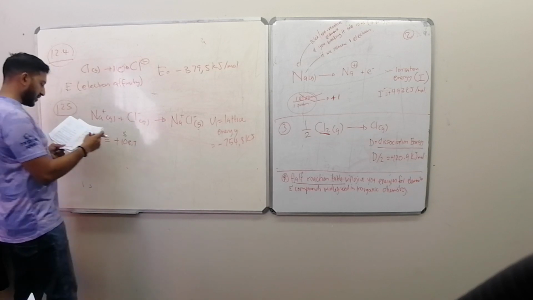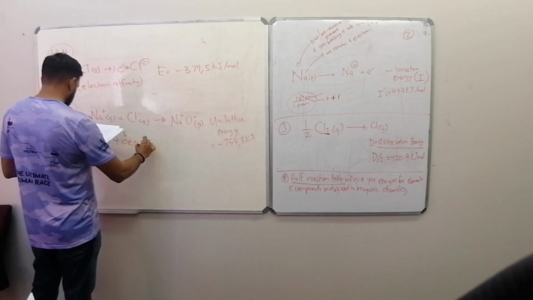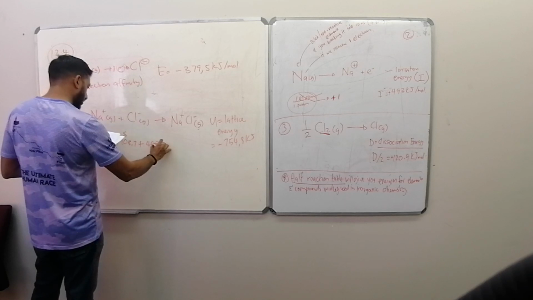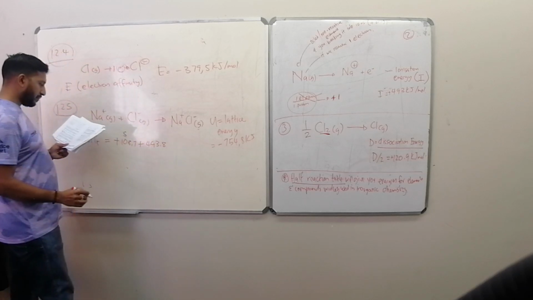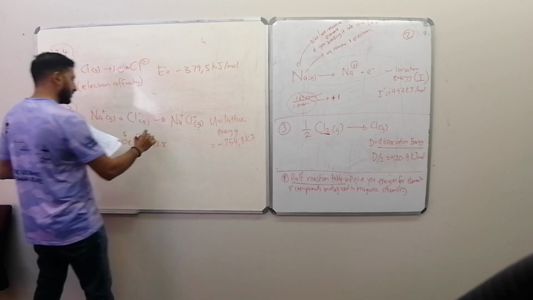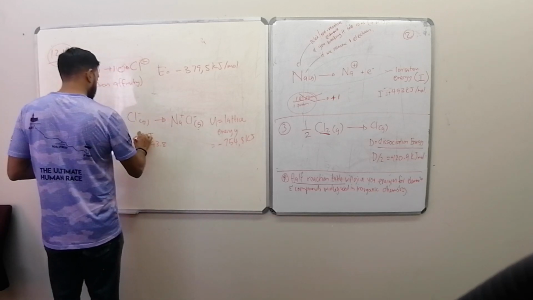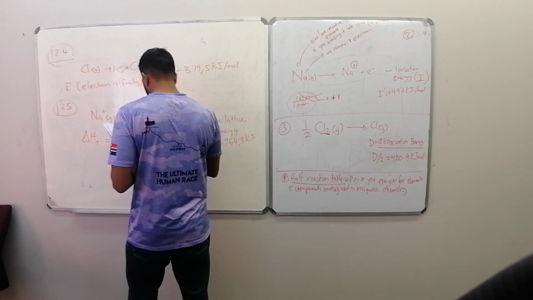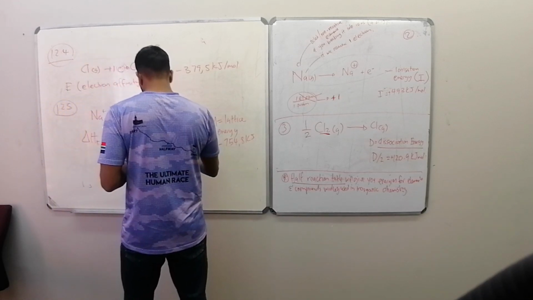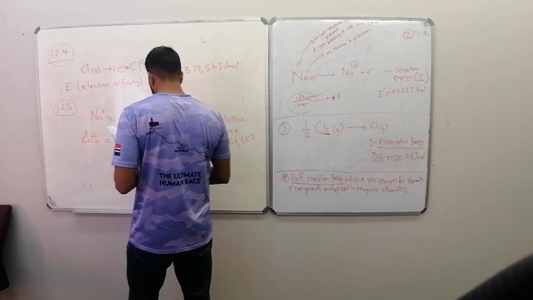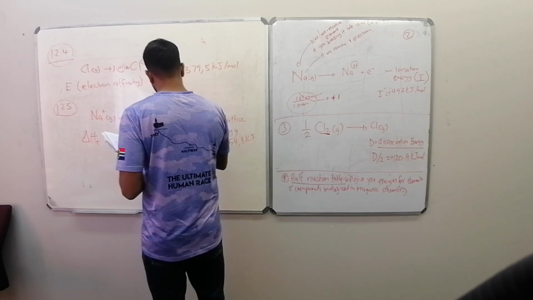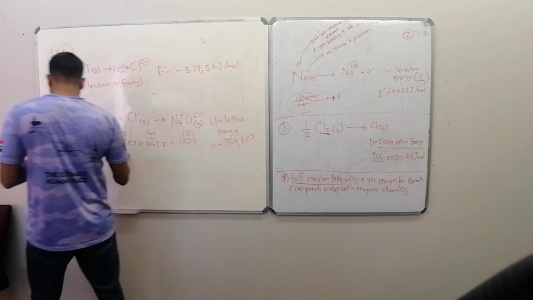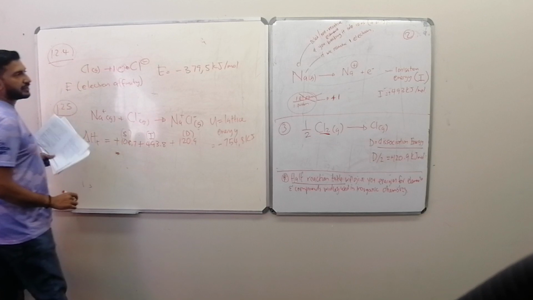And then the next one we've got plus 493.8. What energy is that called? Ionization, right? And let's go to the next one, 120.9. Dissociation. Right? And the next one, we've got minus here, right?